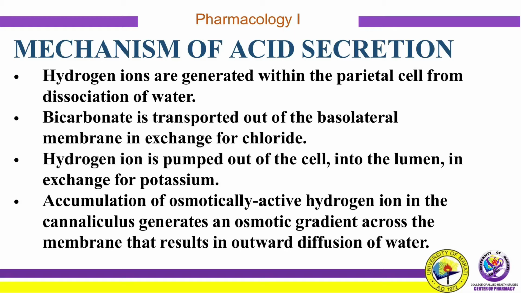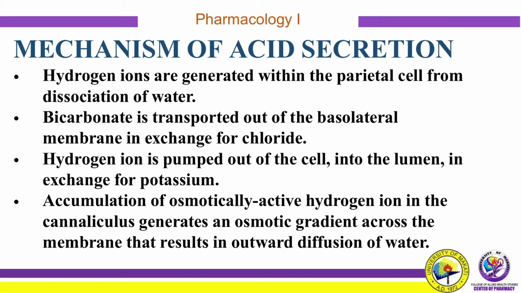The hydroxyl ion formed in this process rapidly combines with carbon dioxide to form bicarbonate ion, a reaction catalyzed by carbonic anhydrase. Bicarbonate is transported out of the basolateral membrane in exchange for chloride. The outflow of bicarbonate into blood results in the slight elevation of blood pH, known as alkaline tide.